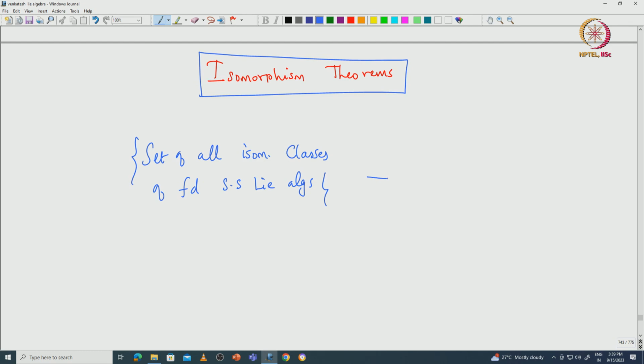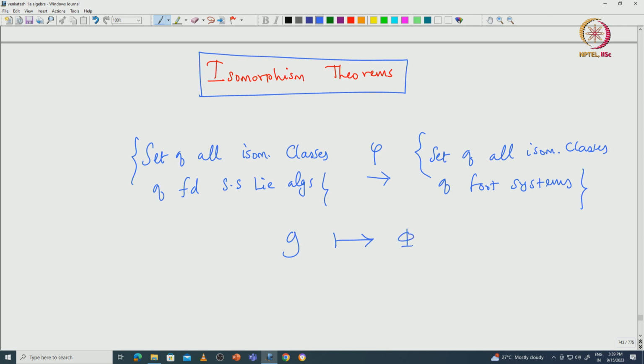From this set you define a map varphi, whose target space is again the set of all isomorphism classes of finite root systems. The map is simply: you take G and then associate with it its root system phi.